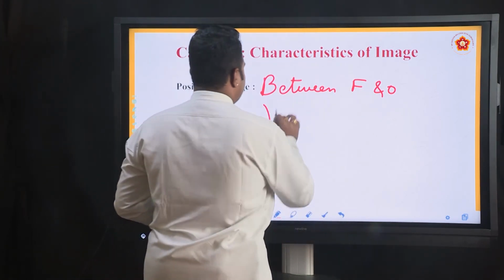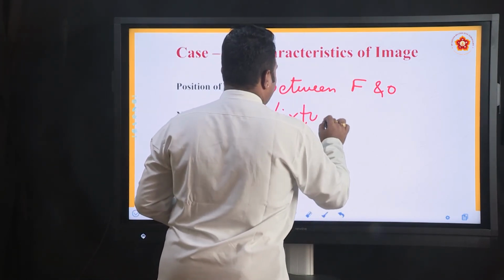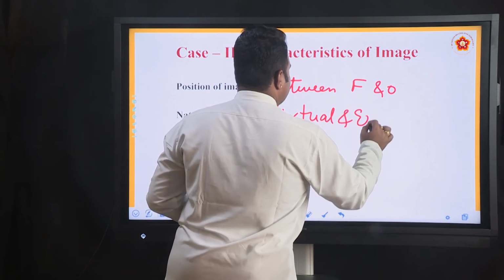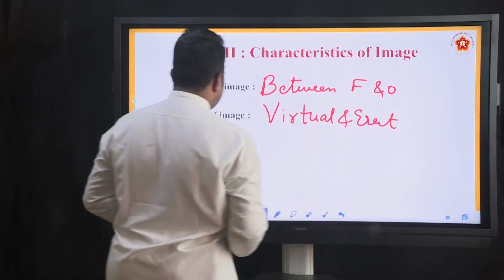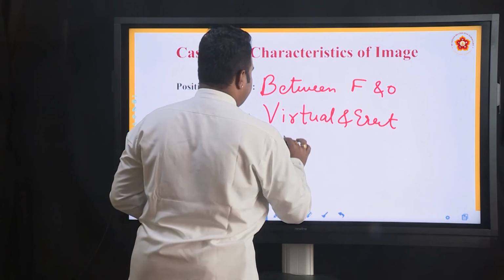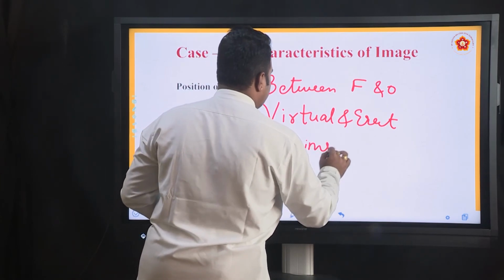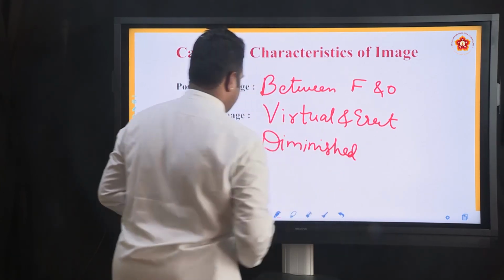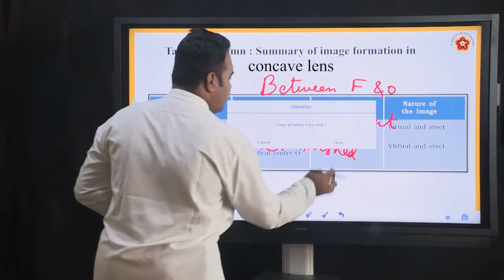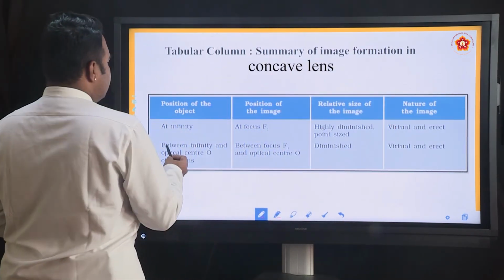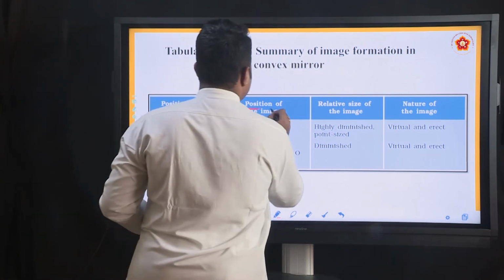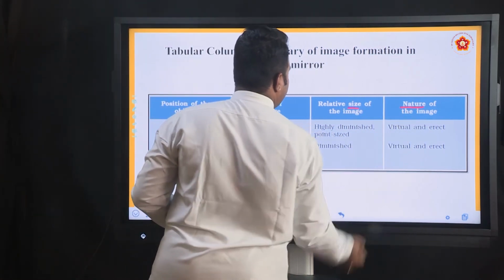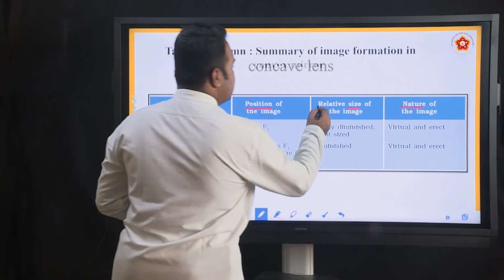Nature of the image, virtual and erect. Size of the image, it is diminished. So this is how we tabulate our result: position of the object, position, size and nature of the image. Relative size we call it.